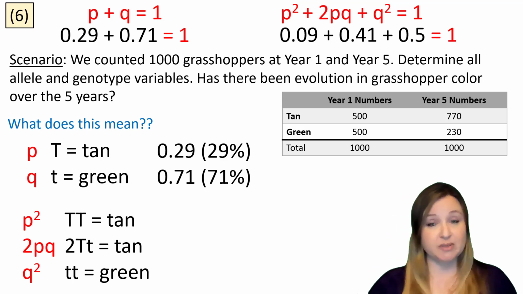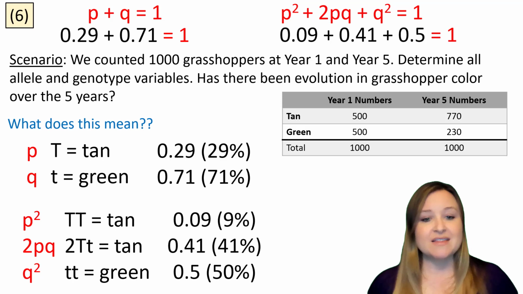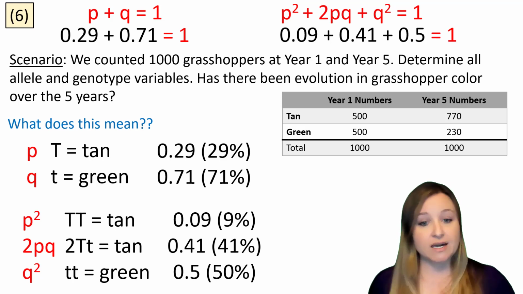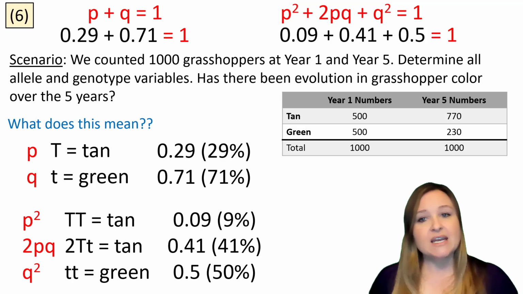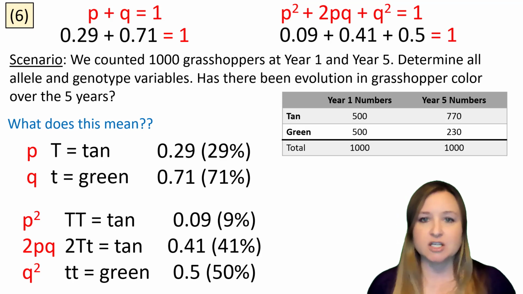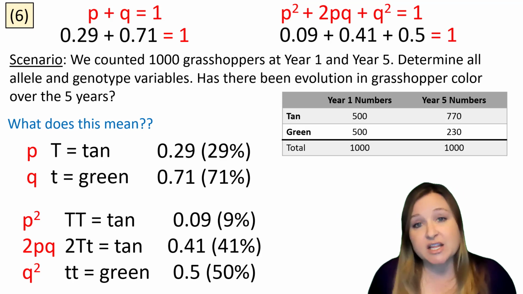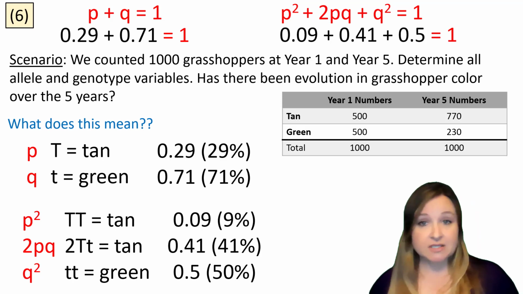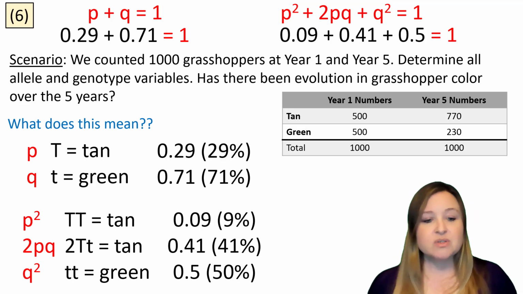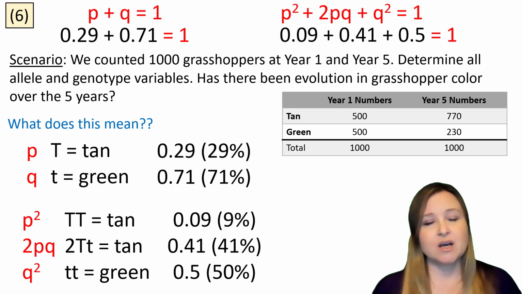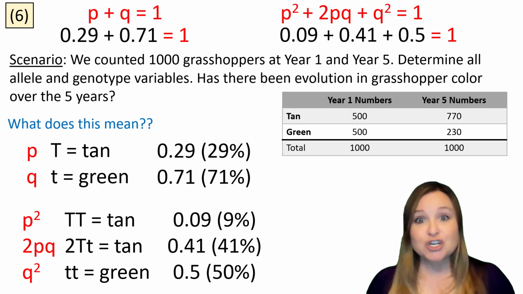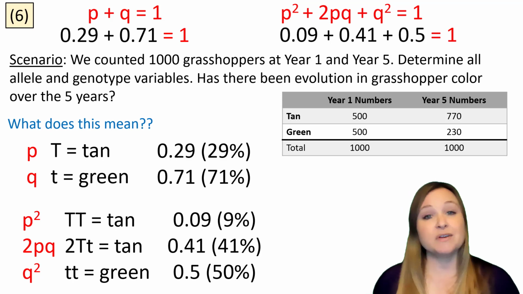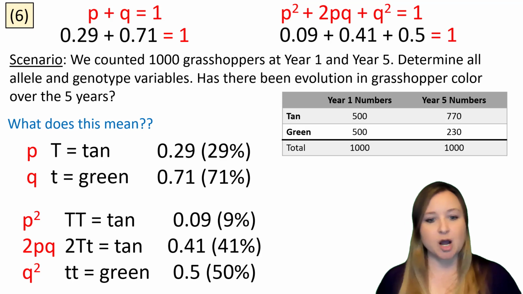So those are grasshoppers that are big T, big T. And here we see that that is 0.09, or 9% of the population is homozygous dominant. 2PQ, that number is 0.41. That's the frequency of heterozygotes in our population. So 41% of the population has 1 dominant and 1 recessive allele. And Q squared, that's the proportion of homozygous recessive individuals within our population. Green grasshoppers, right? And that's 0.5, or 50% of our population.